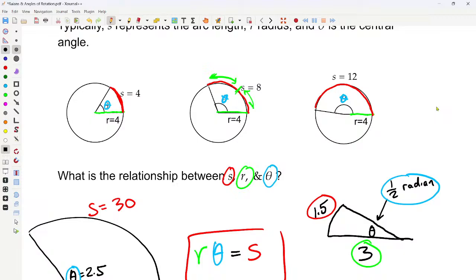Right, a little bit more than that. And what did I say a half rotation is? Pi, a little bit more than 3. So if I literally went halfway around, then that would have been that little bit extra right there. That tiny bit more is what makes up the pi.